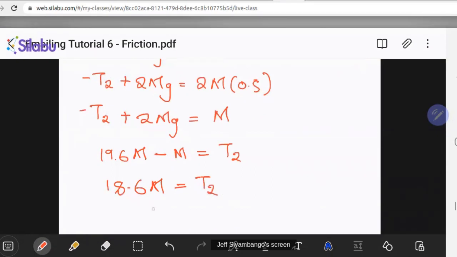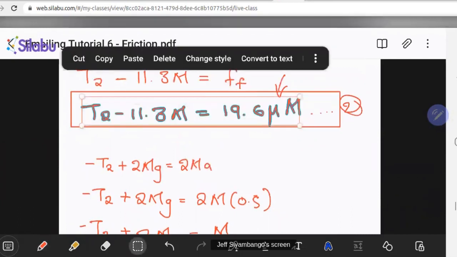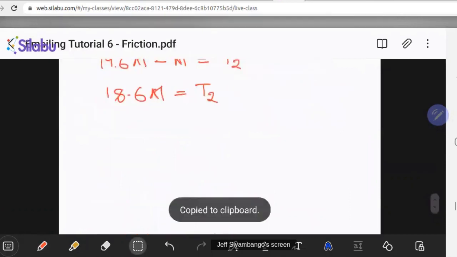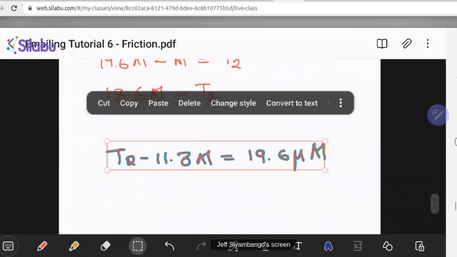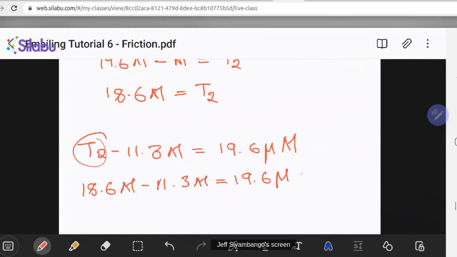From here, I can now get this and substitute where I had T2 here. So I'll just copy this expression, and where there's T2, I'll now put 18.6 m. So now I have 18.6 m where there's T2 here. This remains the same: 11.3 m is equal to 19.6 mu m.